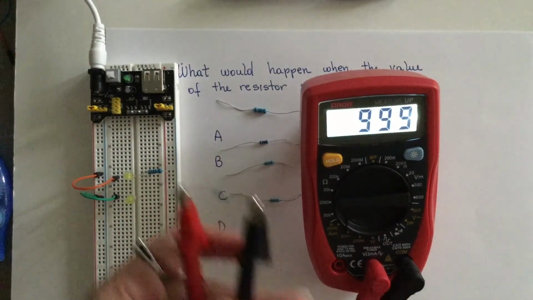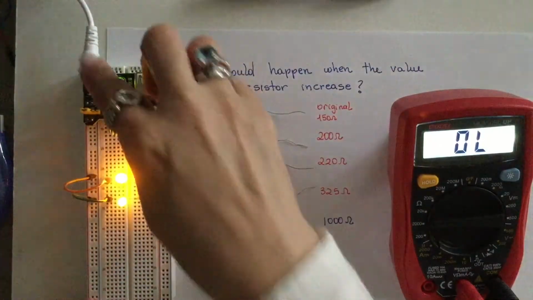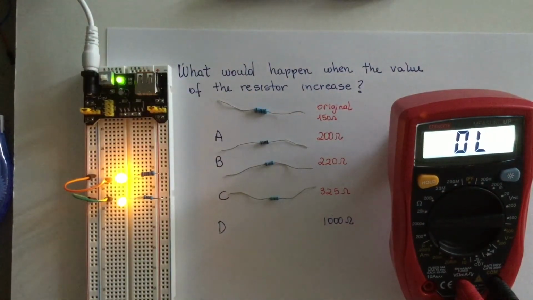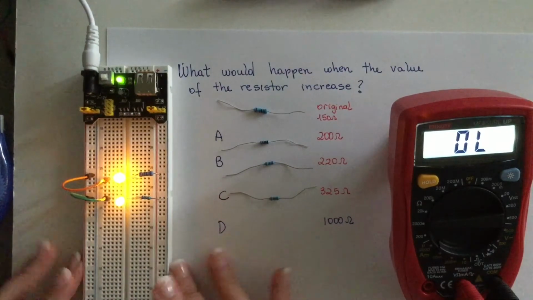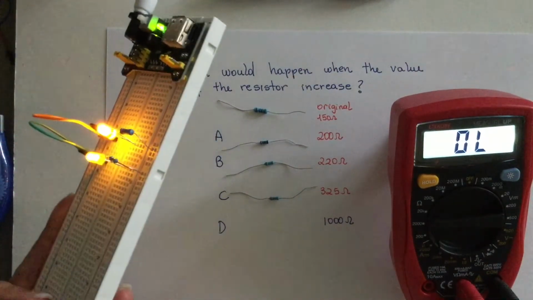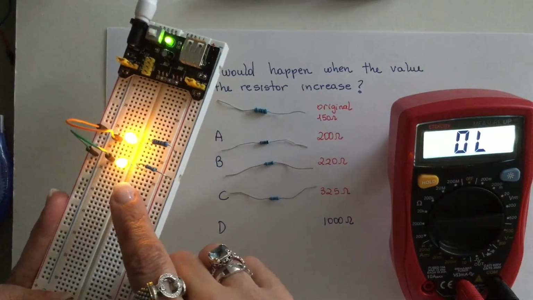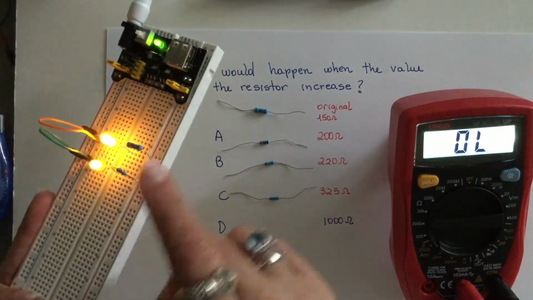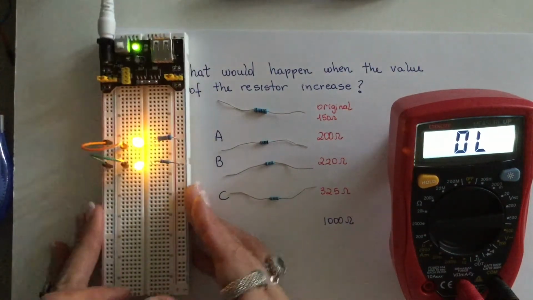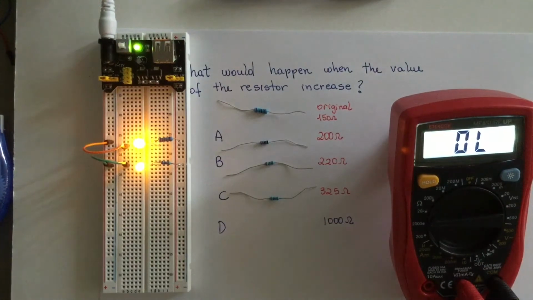Okay, so let's install and see what happened. Okay, this time I do see a change here. This probably in the video doesn't show as much, but this one is definitely dimmer compared with the original one. So now let me check the voltage.